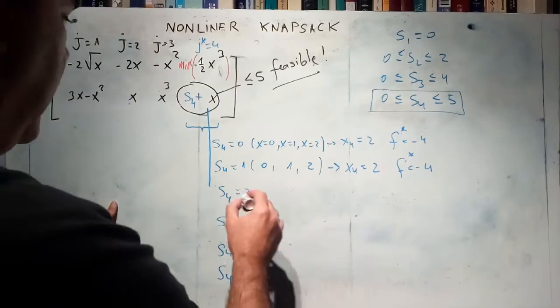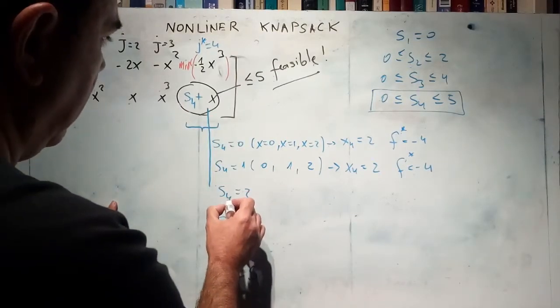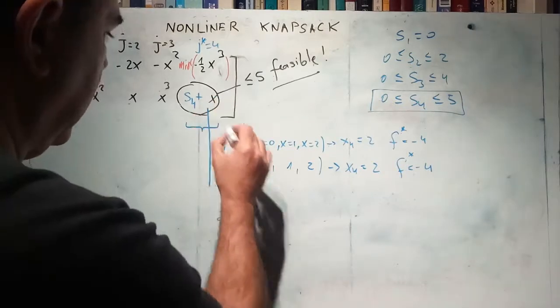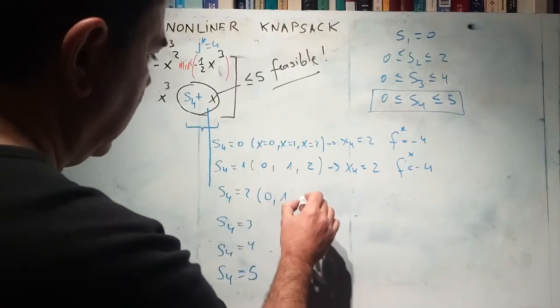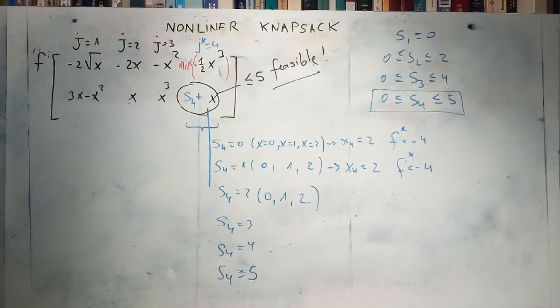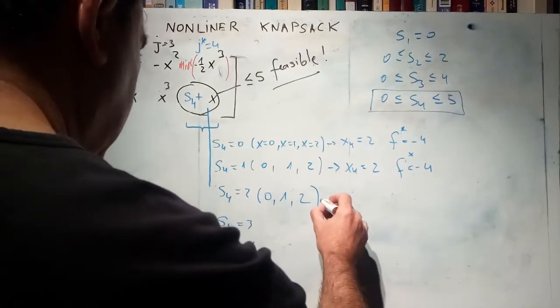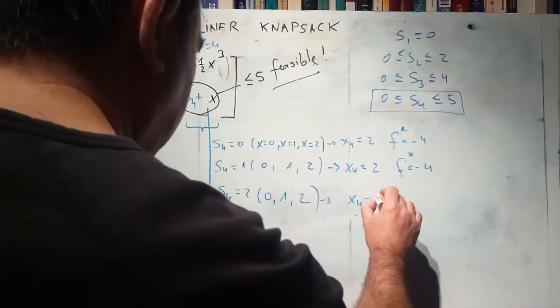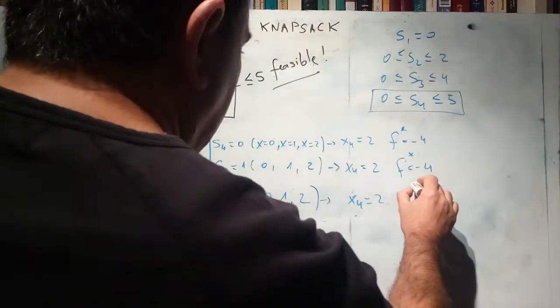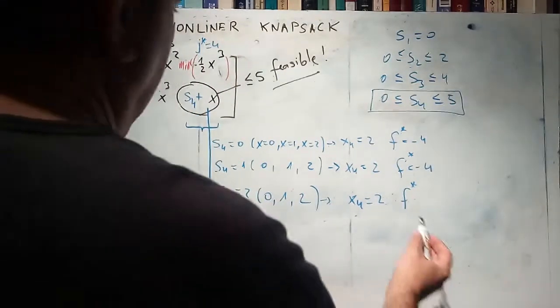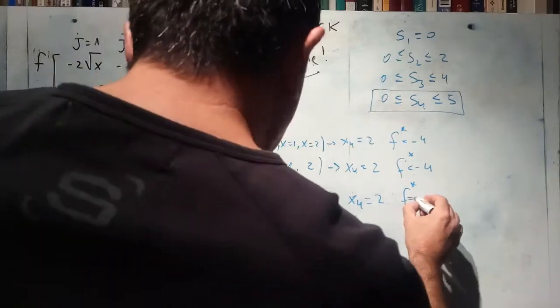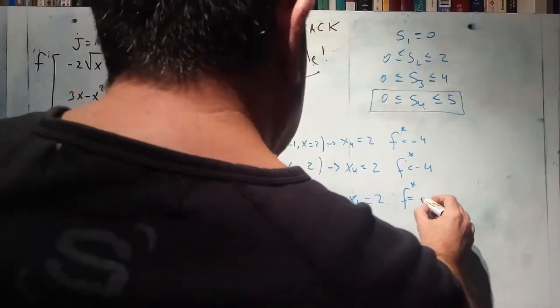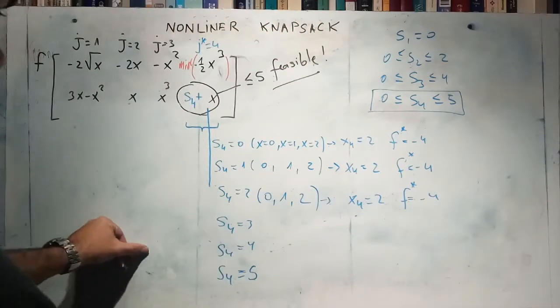Substitute again over here S4 being 2 and evaluating the 3 possibilities for X, 0, 1, and 2. And we get again that X4 is 2 and the minimum F4 function is giving us minus 4.